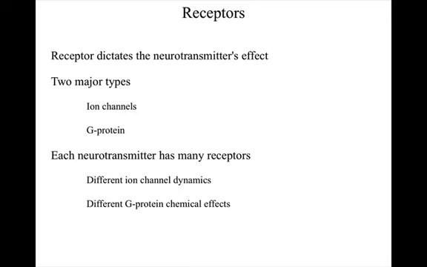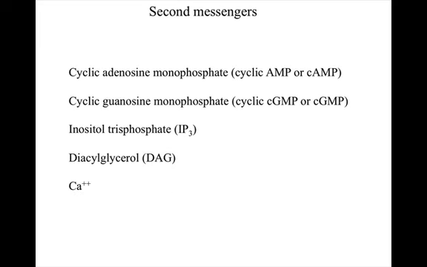But any one neurotransmitter can produce different effects on a target neuron because the effect of a neurotransmitter depends on what receptors are present. And there are generally lots of different receptors for any one neurotransmitter. And as I described earlier, G-protein receptors generally exert their effects through second messengers, where the external neurotransmitter is the first messenger.